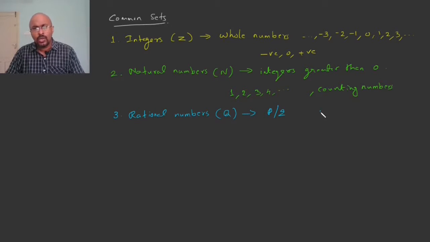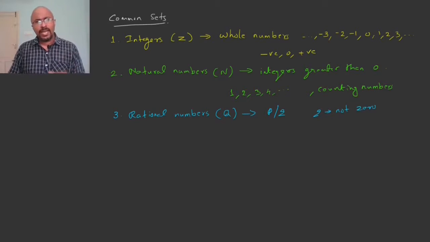And remember, Q cannot be 0. So numerator P can take any integer value, but the denominator Q can take integer values except 0. We know we can express all integers as a rational number with the denominator equal to 1. So all integers are also rational numbers.